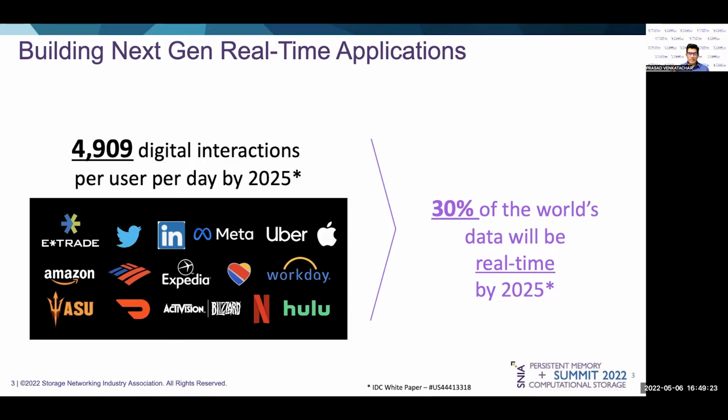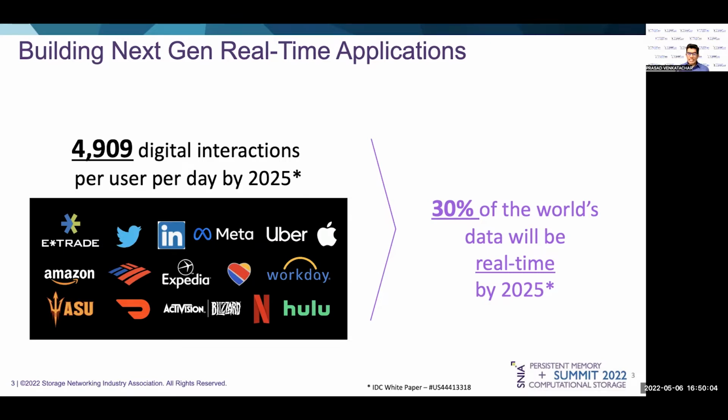This could be you starting off your day in the morning, checking how your stock is performing in E-Trade, checking your priority mails in Outlook, checking all the social feeds from Twitter, LinkedIn, and Facebook, booking your Uber drive to the office while listening to Apple Music, and purchasing things on Amazon. And in the evening, you want to relax, with streaming apps from Netflix, Hulu, or games from Activision and Blizzard.